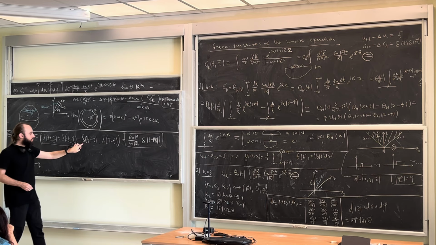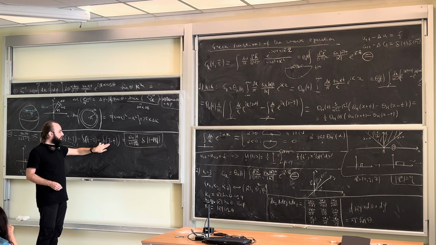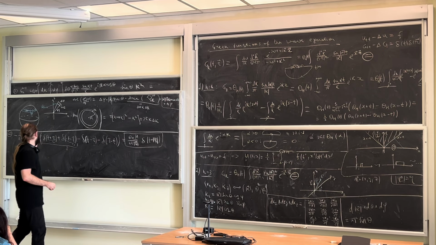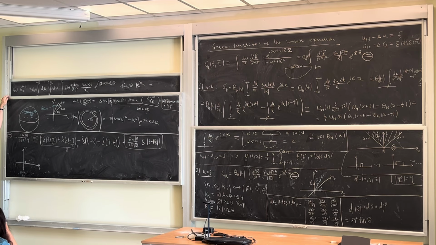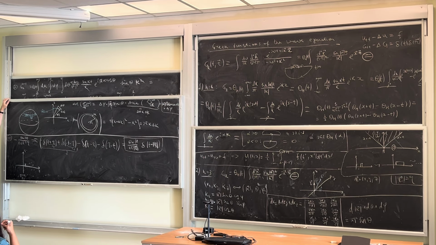No, because these two delta functions are equal, they produce an extra factor of 2, and we already had 2 pi, so it cancels. So this Green function is non-zero only here.